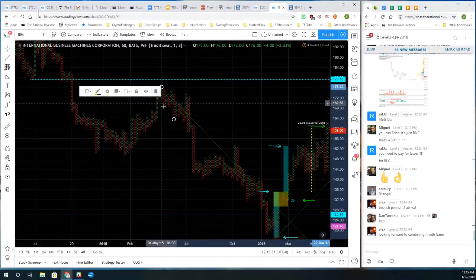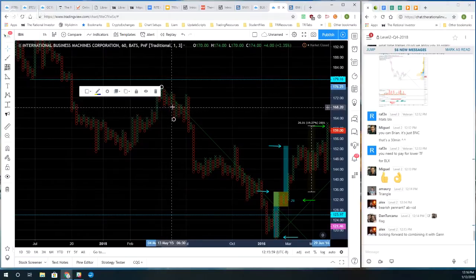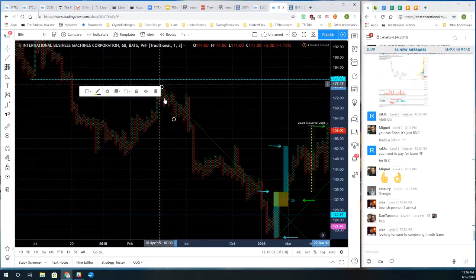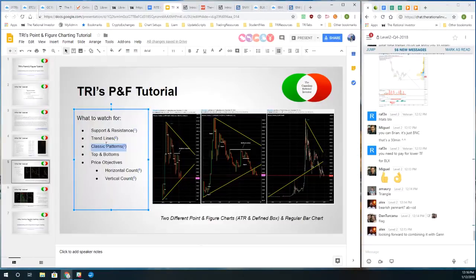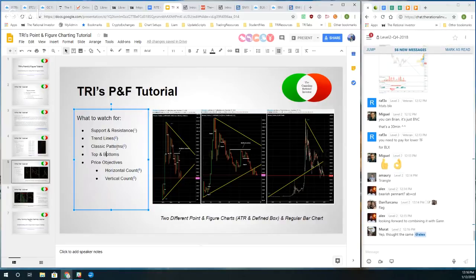Up, down, up, fail, double top breakdown, and then the bigger one, up, down, up, fail, right? So M's and W's here work really, really well. Tops and bottoms, right? Sort of that, again, M's and W's kind of idea, heads and shoulders, same sort of thing, right?